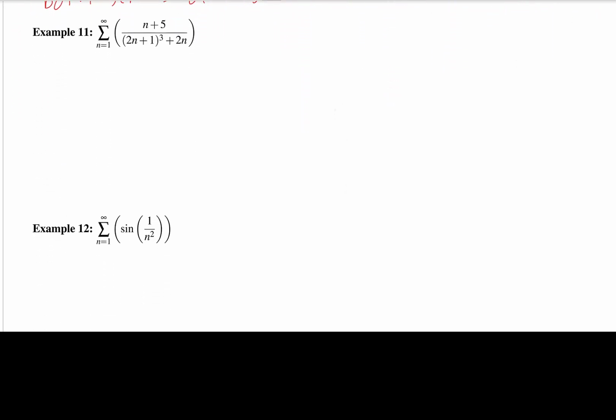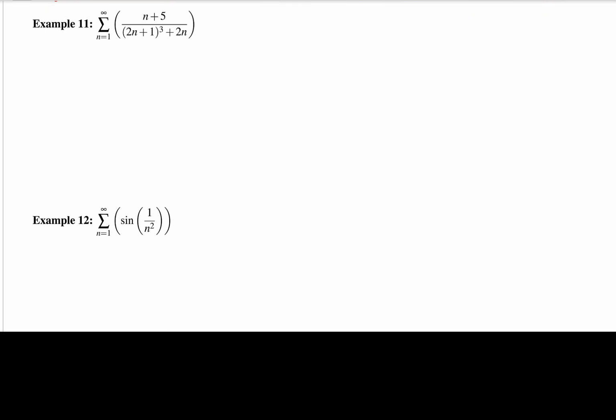Now let's look at example 11. Alright, for example 11, the first thing I'm going to start looking at is going to be the denominator. In the denominator, I'm going to get rid of that plus 2n, and I'm also going to change the inside of the parentheses.